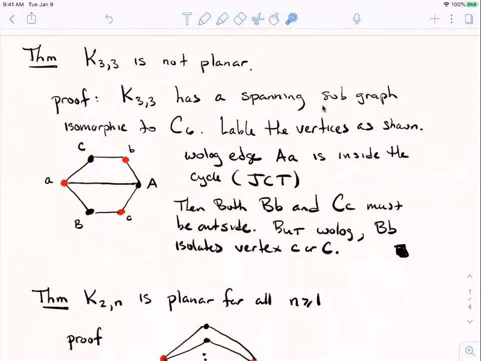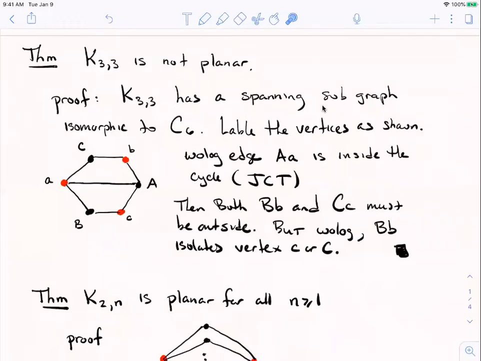These seem like sort of specialized things to be picking, but you'll see with a big story here in a second. So K33. Okay, well, K33 has a spanning subgraph isomorphic to C6. Yeah, K33 is a complete bipartite graph. I've colored my partite sets here black and red, and I've labeled the vertices, the black ones with capital letters, the red ones with lowercase letters.